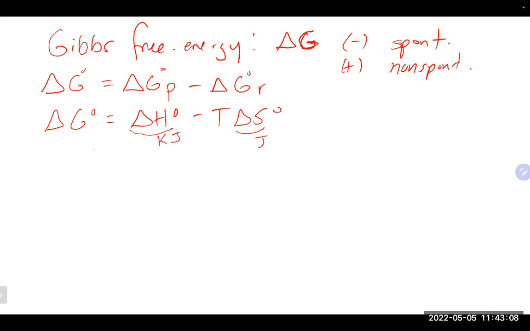And I think we also talked about using this equation in a phase change situation. When we are at a phase change, we are at an equilibrium type of process.